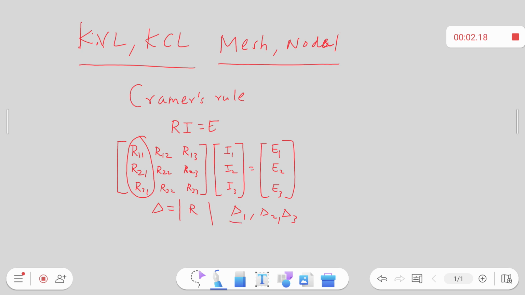Likewise, when the second column is replaced with voltage sources, it is called del 2. When the third column is replaced, it is called del 3. Finally, my I1 will be del 1 by del, I2 will be del 2 by del, and I3 is del 3 by del.